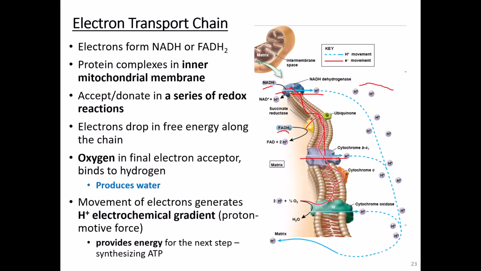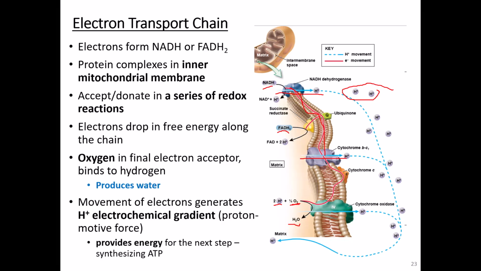So we end up with a hydrogen ion concentration gradient, and we need to pass the electron to something. We can't just have free electrons floating around. So oxygen in aerobic cellular respiration is the final electron acceptor.